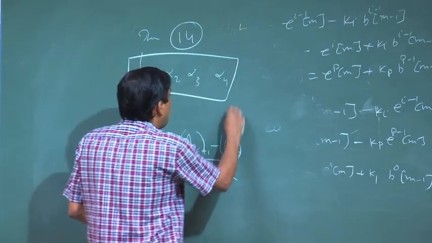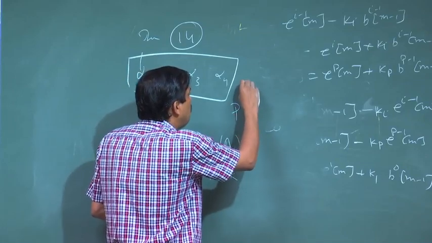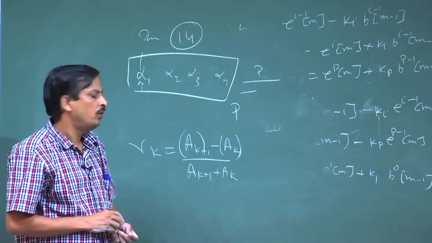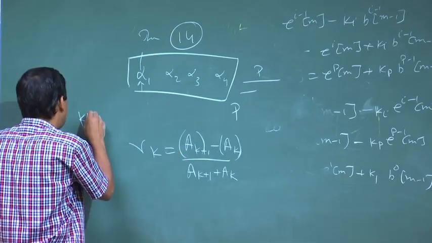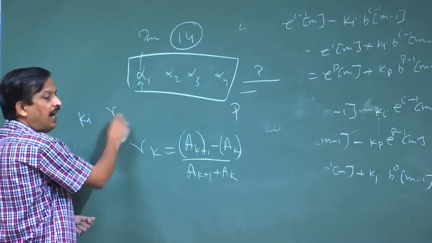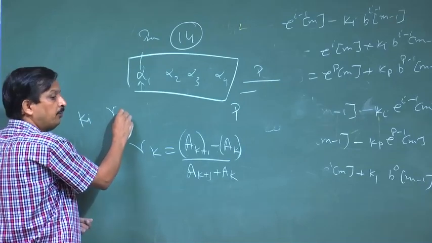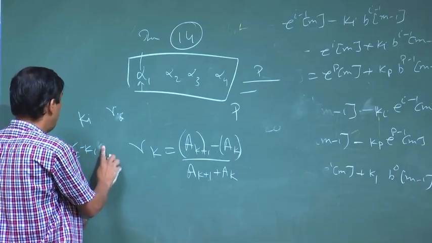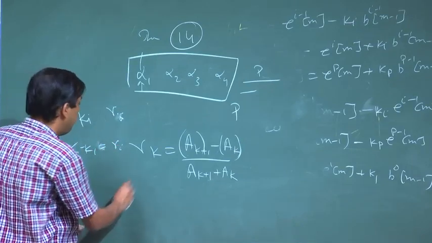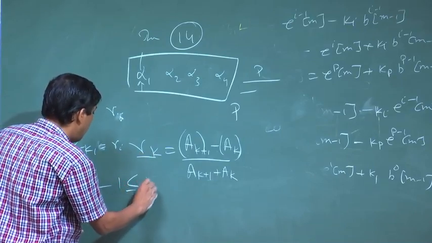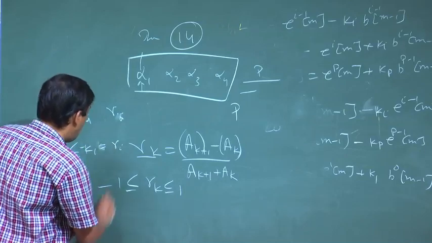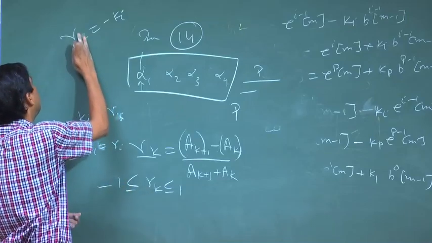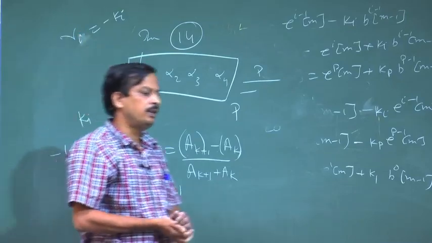If it is a pth order LPC analysis, I can say the tube is divided into p number of sections. The k_i value and r_i value have a relationship: r_i is equal to minus k_i.